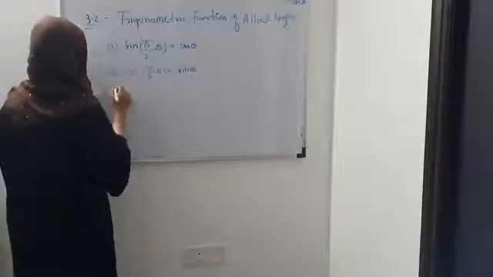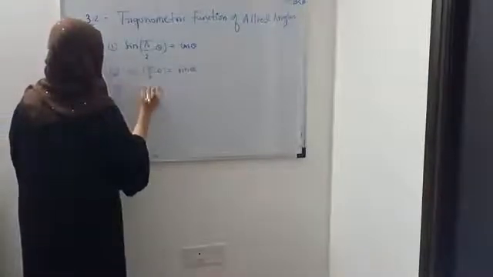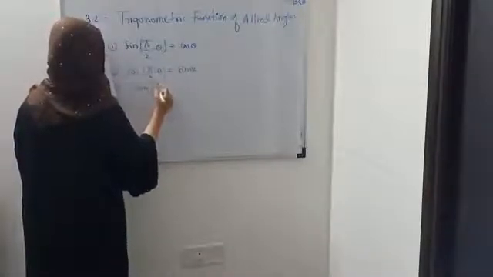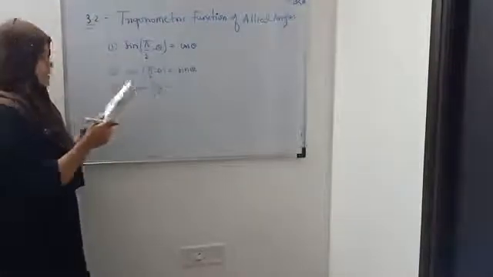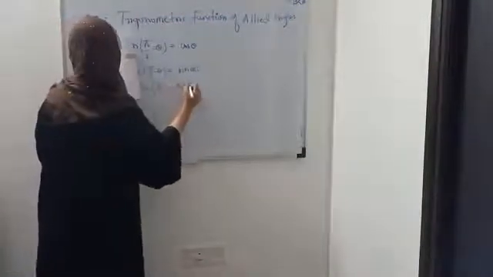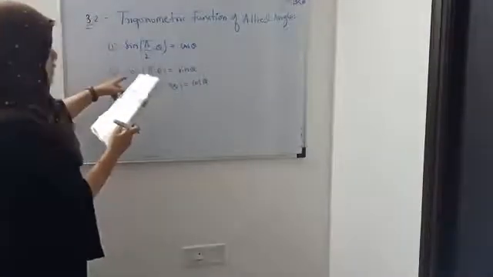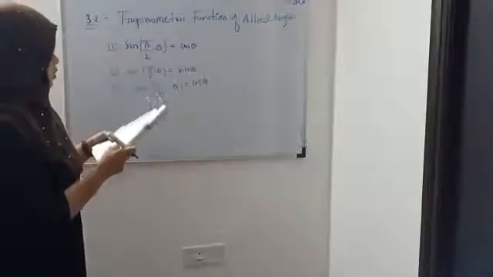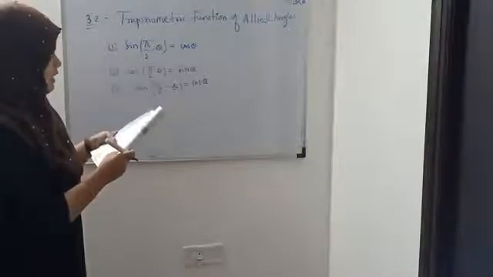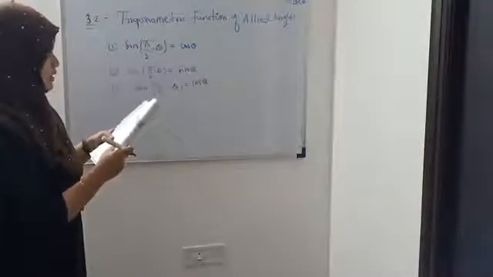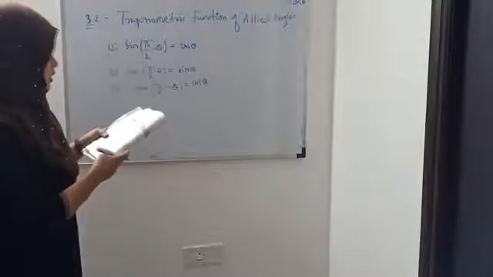The third one was tan pi by 2 minus theta. It is cot theta, right? Sin pi by 2 minus theta is equal to cos theta, cos pi by 2 minus theta is sin theta, and tan pi by 2 minus theta is cot theta.